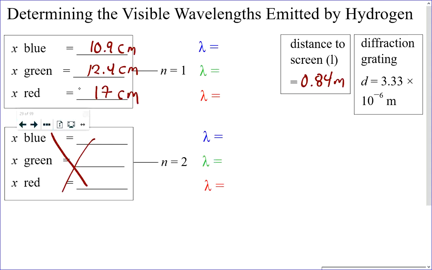So the first thing you would need to do is ask yourself if we can use lambda equals xd over nl to determine the wavelengths, which we're trying to determine here. Well, you have to do a tangent calculation. If I were to look down this way and then take what I see and put it vertically up, this is the top of Carly's head.